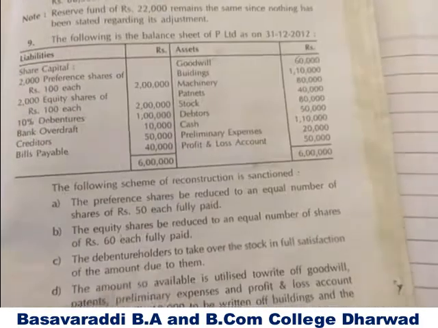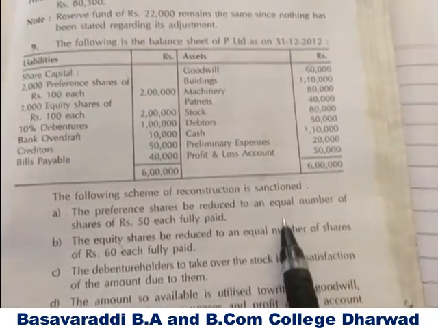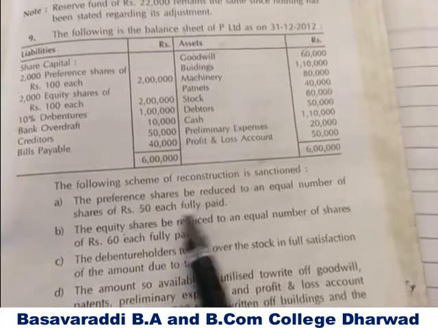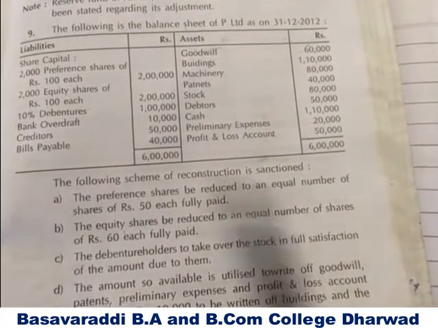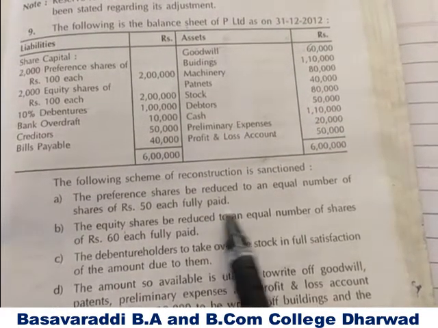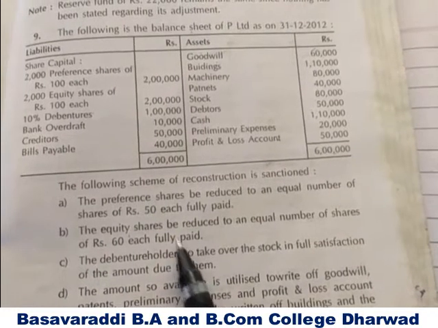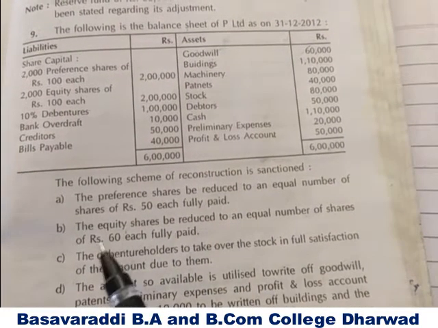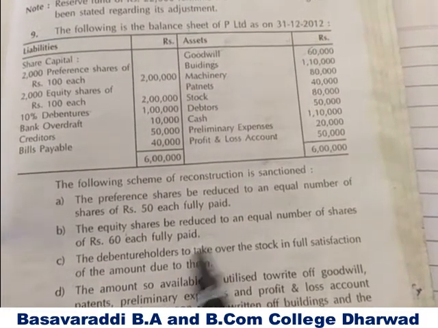The following scheme of reconstruction is sanctioned. The preference shares be reduced to an equal number of shares of rupees 50 each fully paid. The equity shares be reduced to an equal number of shares of rupees 60 each fully paid.